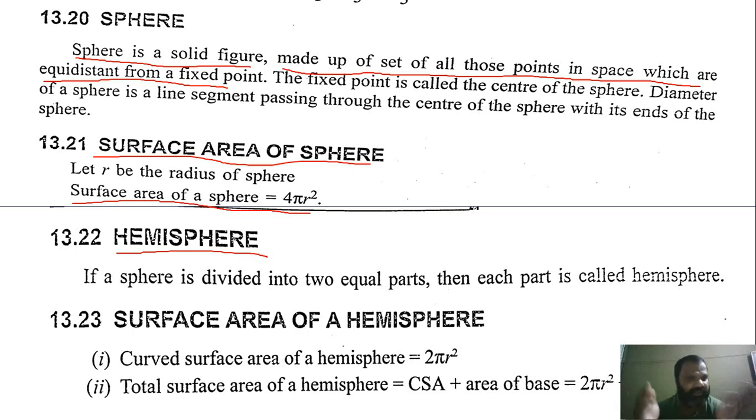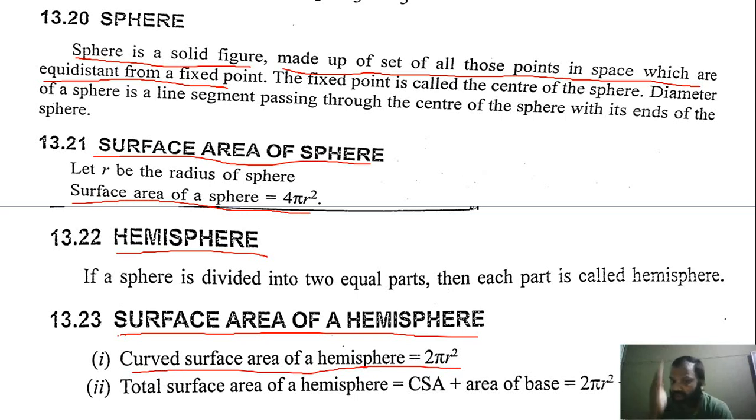They are different for the hemisphere. Now look, the surface area of a hemisphere. The curved surface area of a hemisphere equals 2 pi r square, just half of the sphere.